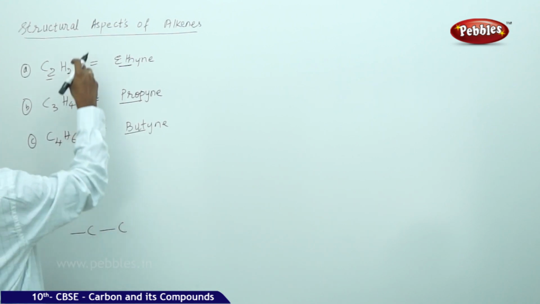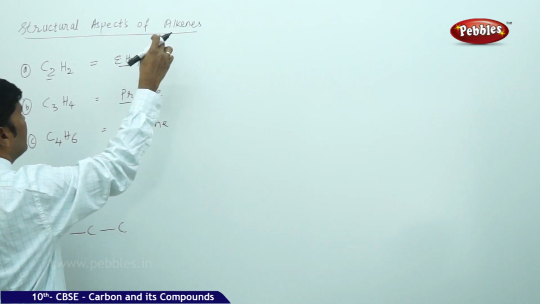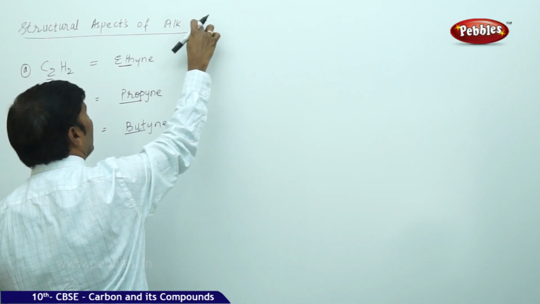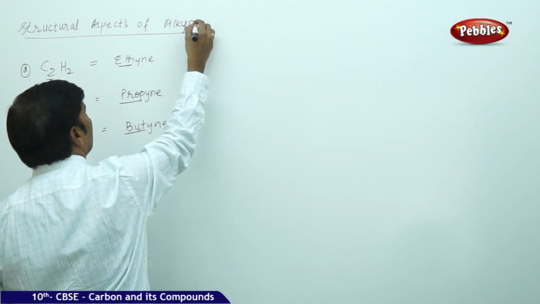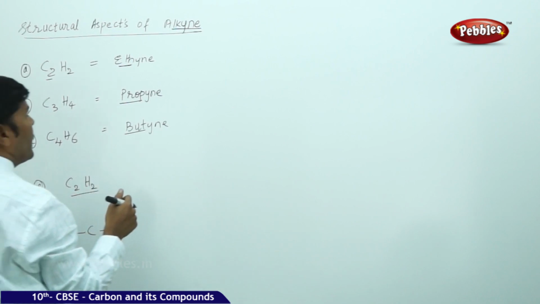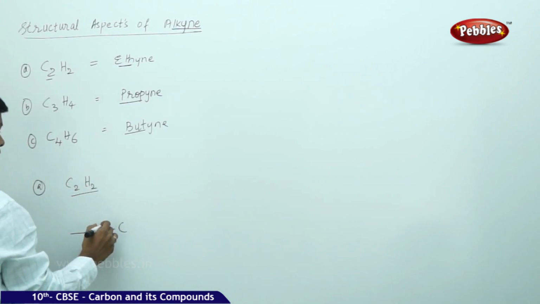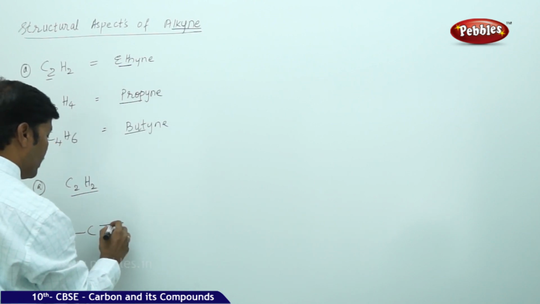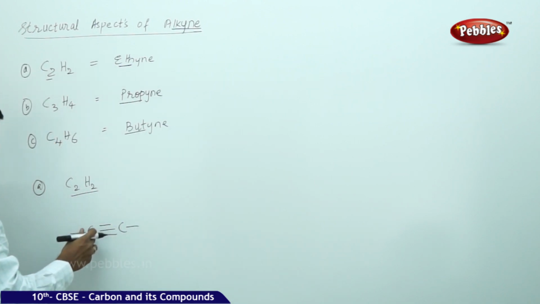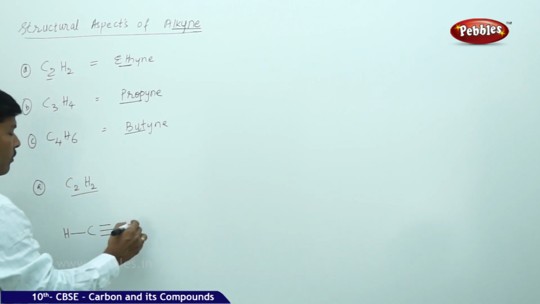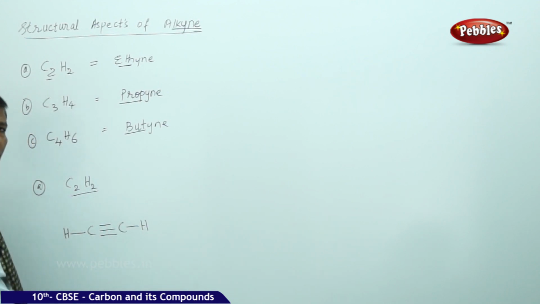Because it is an alkyne, sorry, I have written alkene, this will become alkyne. If it is an alkyne, then compulsorily between the two carbons there should be a triple bond, and you have only two hydrogens, so place one hydrogen over here and another hydrogen over here.